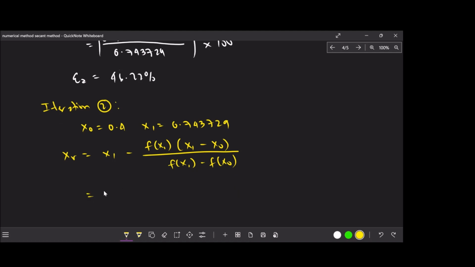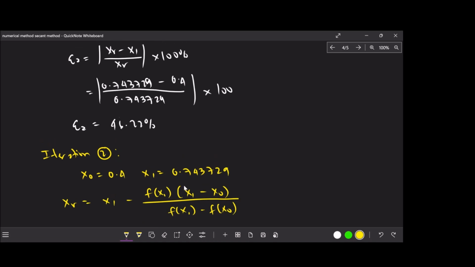So substituting, we have 0.743729 minus, so f of x1 is the f of xr here.